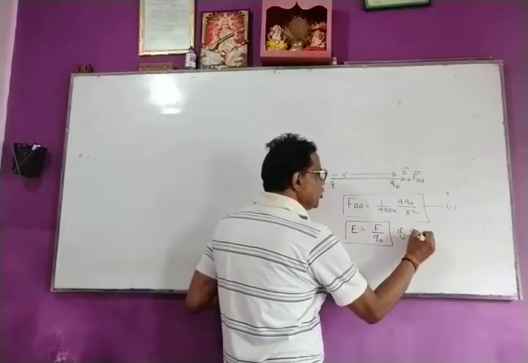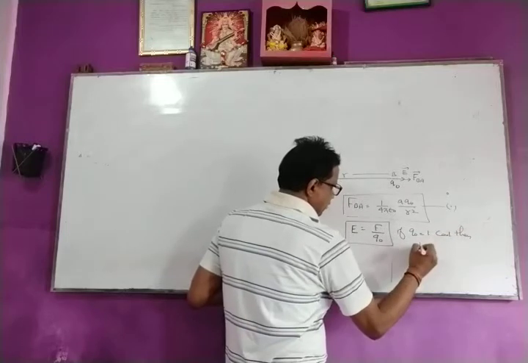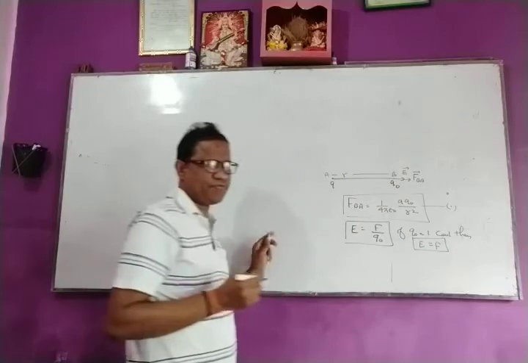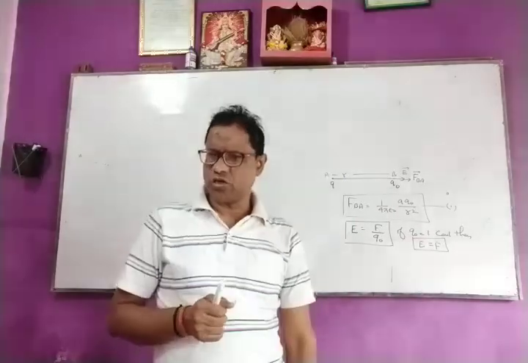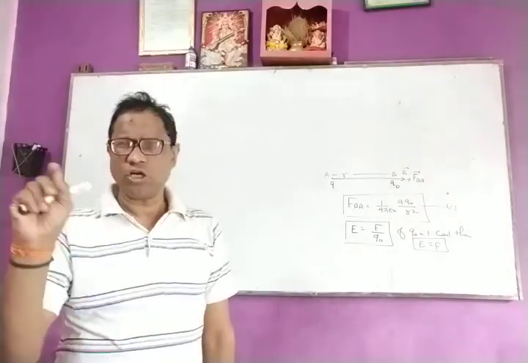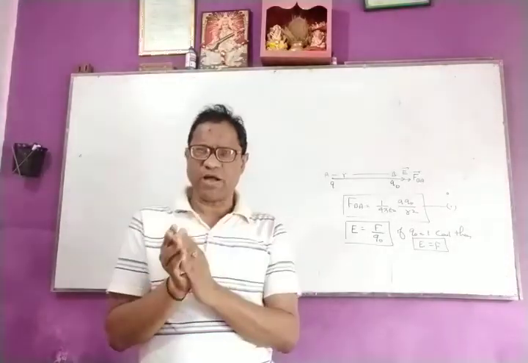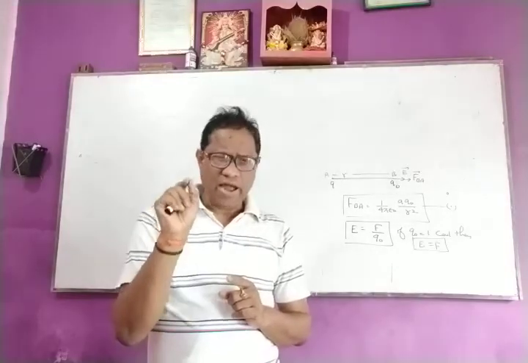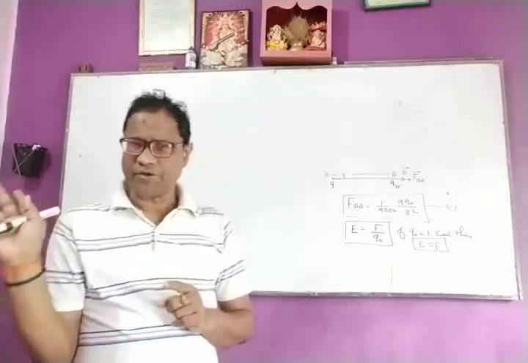If Q naught is equal to 1 coulomb, then E is equal to F. So the force experienced by a unit positive test charge at that point is called the electric field at that point.